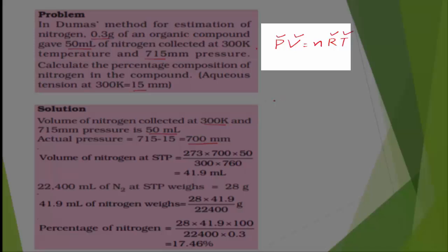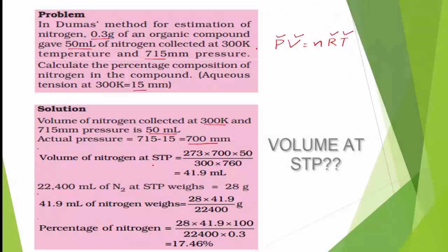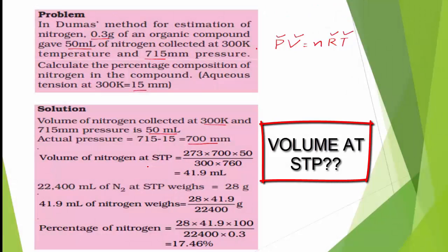The other method was to find out the volume at STP, and then by comparing their relationship, that at STP 24 liters of nitrogen has 1 mole of quantity, we can use that relationship. So let's use it.